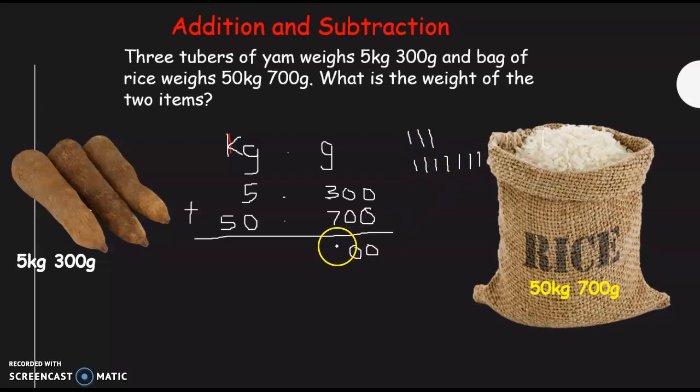Are you going to write 10 here? No. Put down your 0, put your point, and place your 1 right on top of the 5. So 1 plus 5 gives 6. And of course, there is nothing before 5, so nothing plus 5 is going to give you 5.